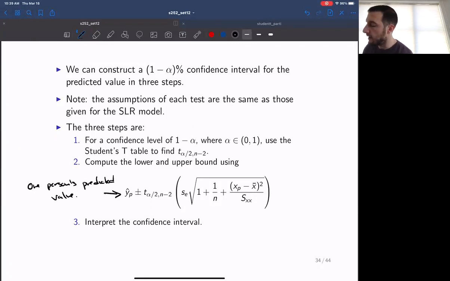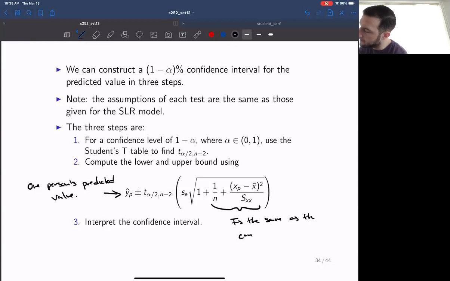Okay, so we have our t-value, then we have the standard error of the estimate again, multiplied by the square root. Now, what do we notice? This part is the same as the conditional mean interval.